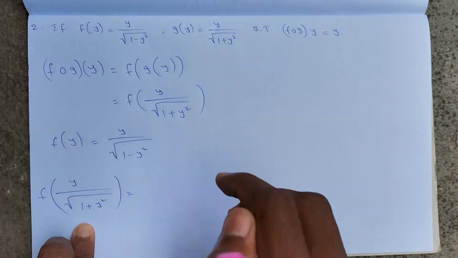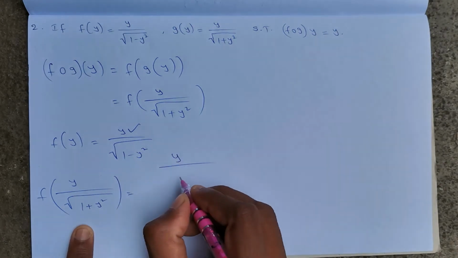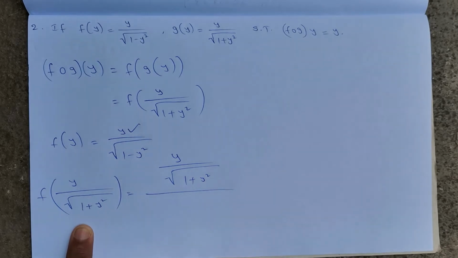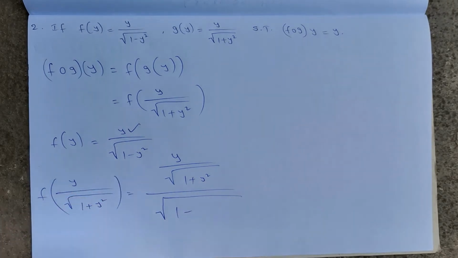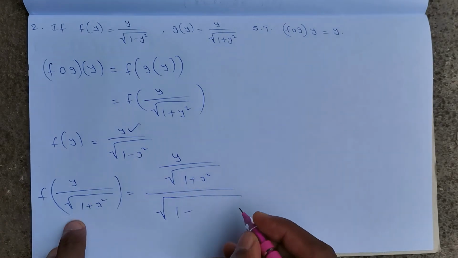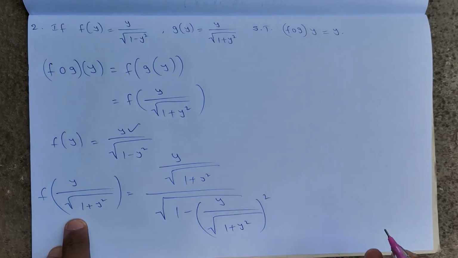So here y is there, in the place of y let us substitute this y divided by under root 1 plus y square, whole divided by, here under root as it is 1 minus, here y square is there, again in the place of y we need to substitute it, y divided by under root 1 plus y square whole square.